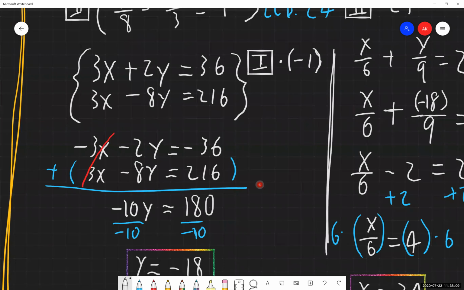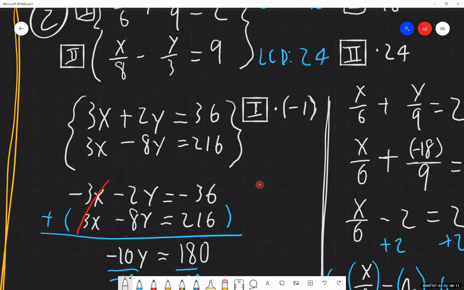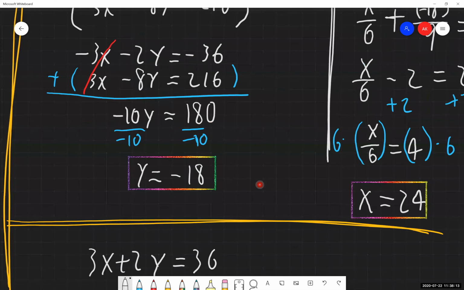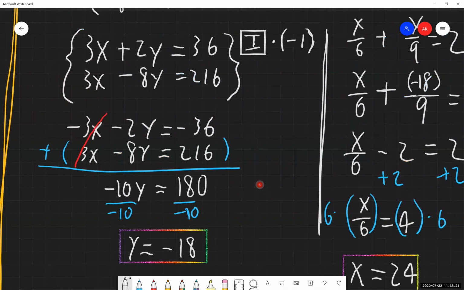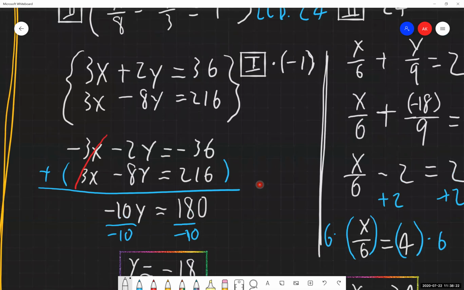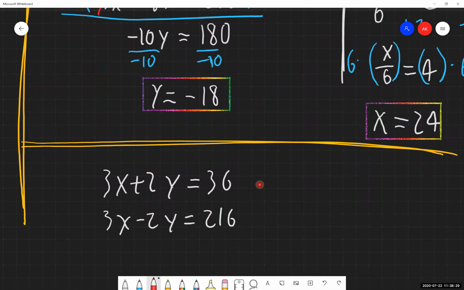And the other one was 3x minus 8y is 216. Make sure we have that in correctly. So I'm just going to label this really quick as, again, an alternative method that you guys are welcome to use here.